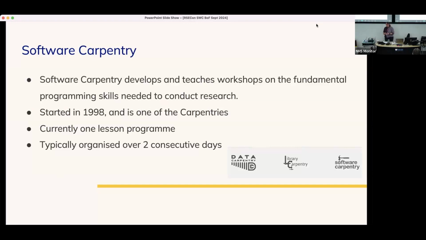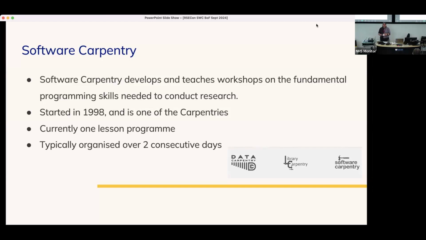It is currently one lesson program. Data Carpentry has multiple lesson programs because they specialise on domains. Library Carpentry is somewhere in between, but Software Carpentry is just the one lesson program.